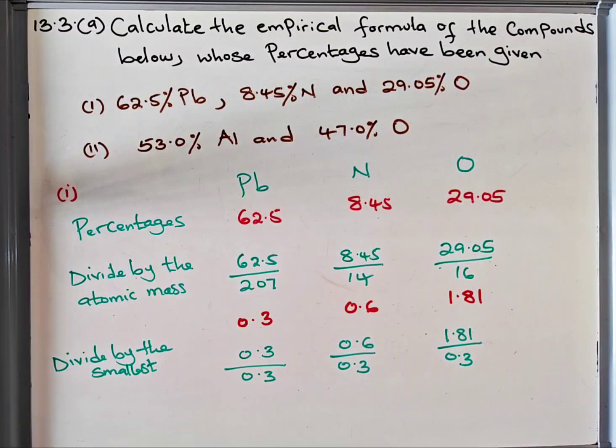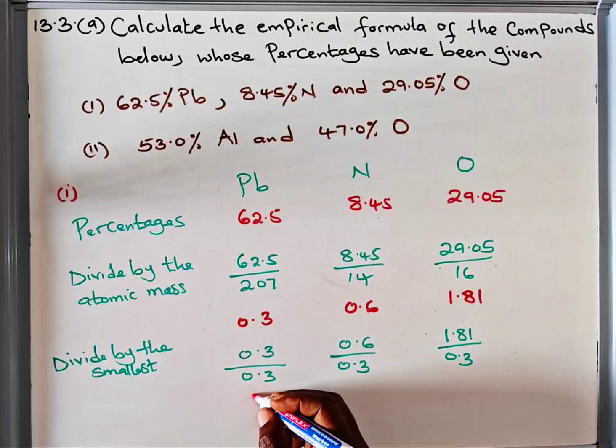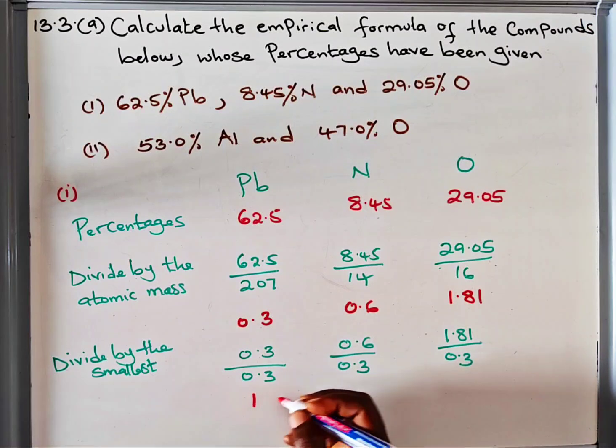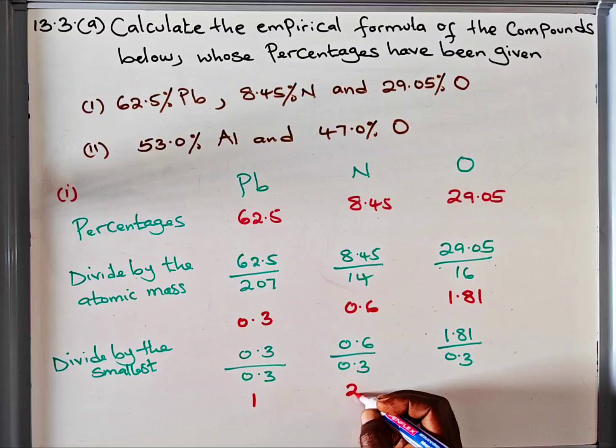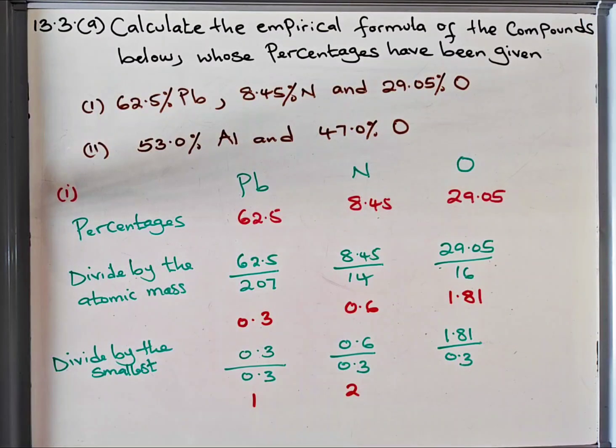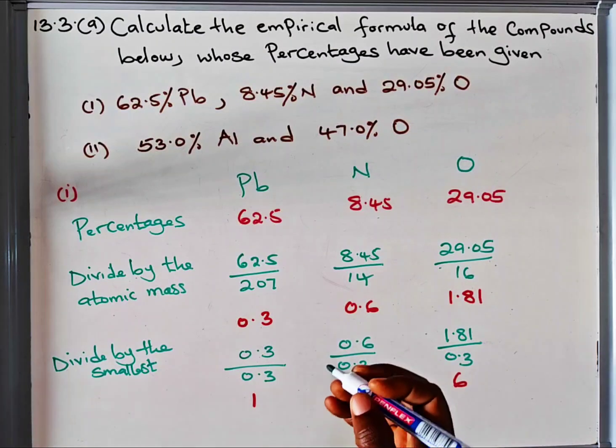And what do you get here? Here you have 1. Here you have 2. And here you have 6. Then from here, what do we know?